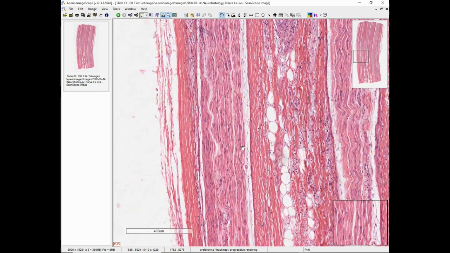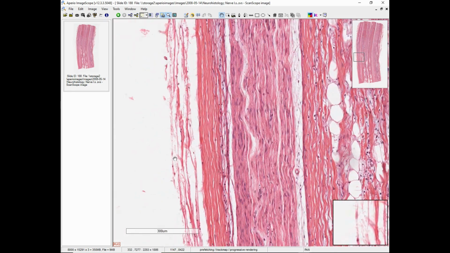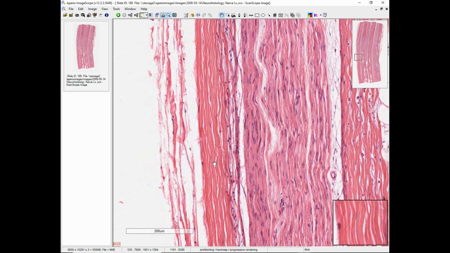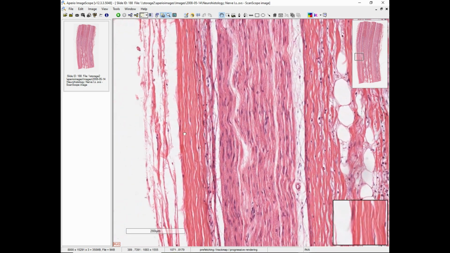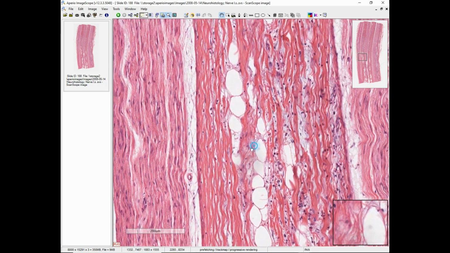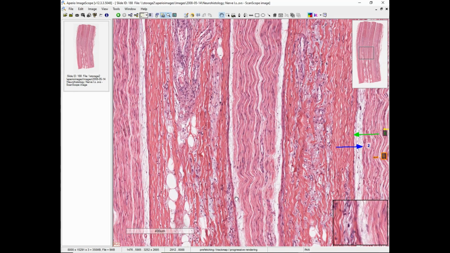So if we zoom in here, the outermost layer, this is the epineurium, and it's made of collagen. So type 1 collagen, which means that any of the nuclei that we see in here, these long spindly guys, these are fibroblasts.